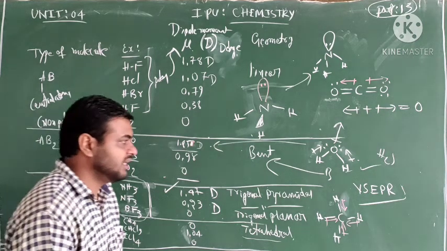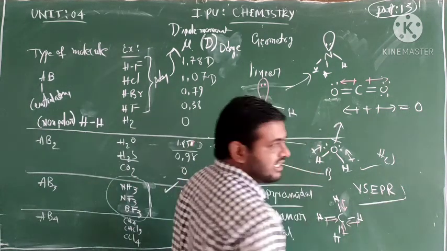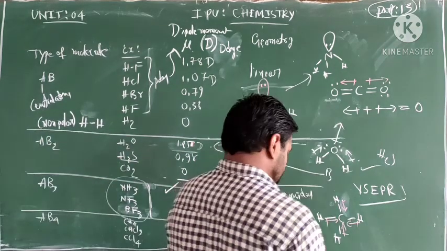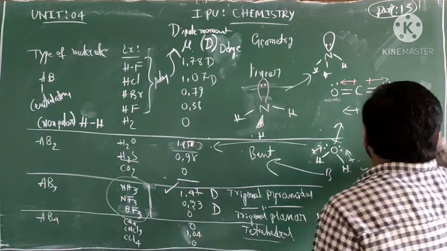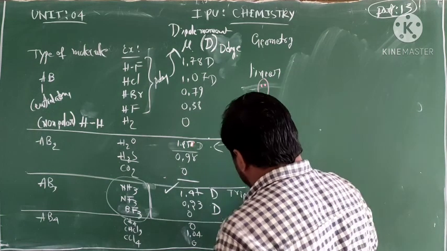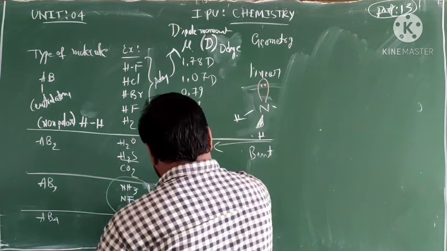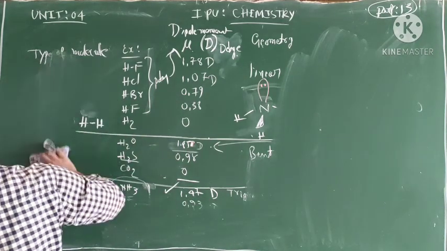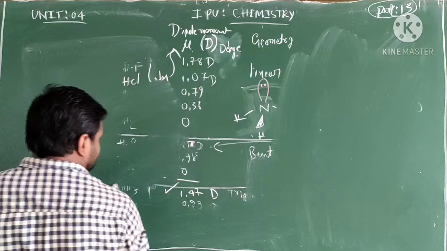Okay, next is VSEPR theory. This is very important. VSEPR theory means valence shell electron pair repulsion theory.